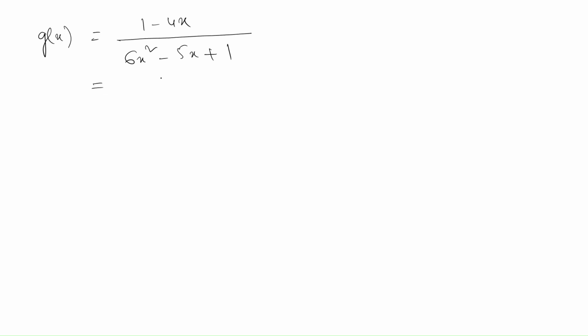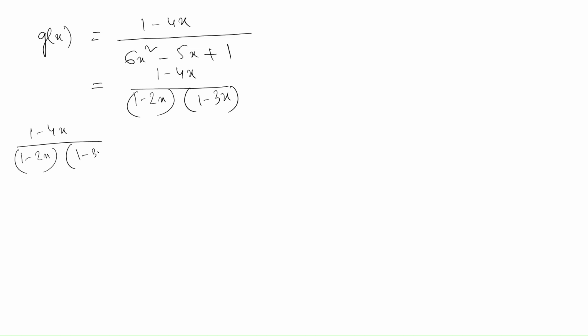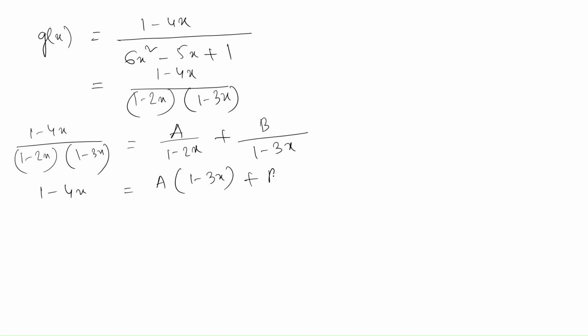If we do the middle term factorization, then we'll have (1 minus 2x)(1 minus 3x). Now let us do the partial fraction (1 minus 4x) by (1 minus 2x)(1 minus 3x) as A by (1 minus 2x) plus B by (1 minus 3x). Then 1 minus 4x is A(1 minus 3x) plus B(1 minus 2x).